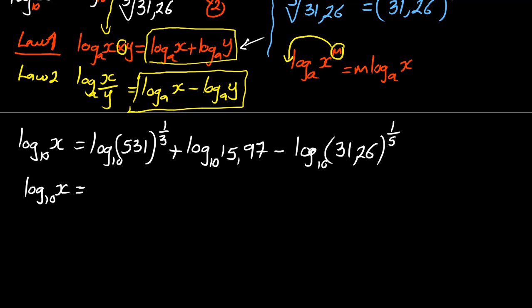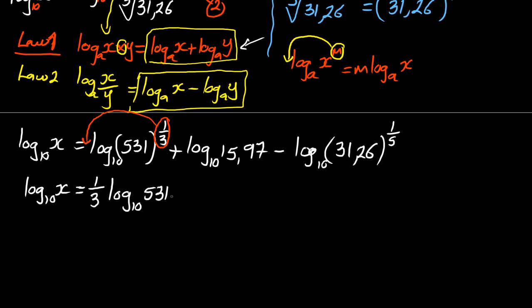So that's what actually I'm going to be using, whereby this 1/3 will drop to be the number before that log, such that it will be 1/3 log in base 10 of 531.